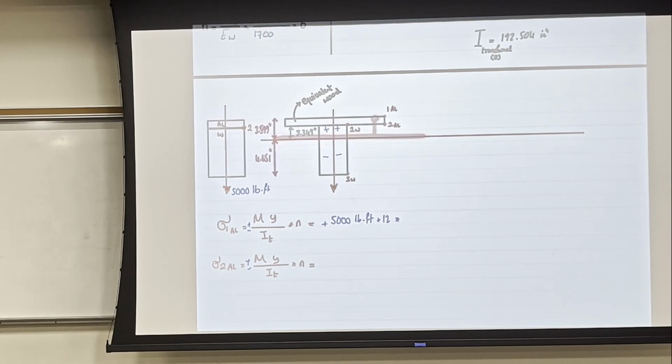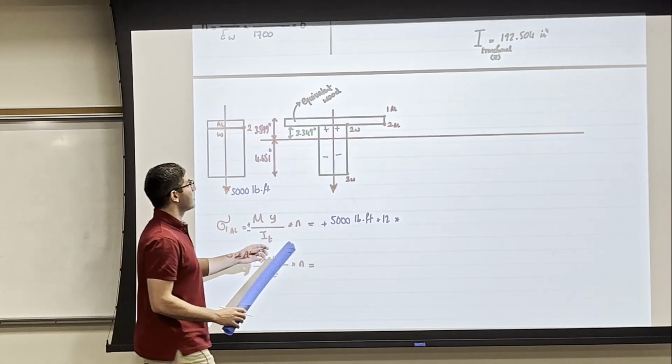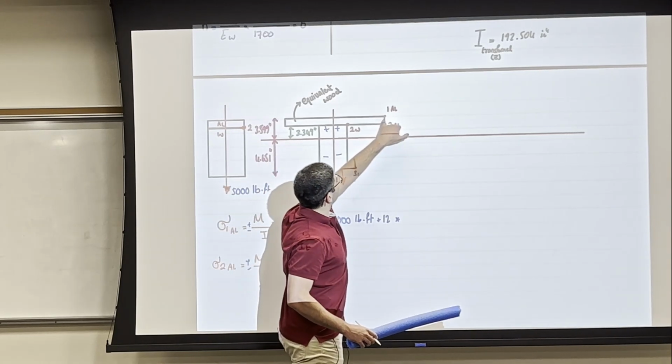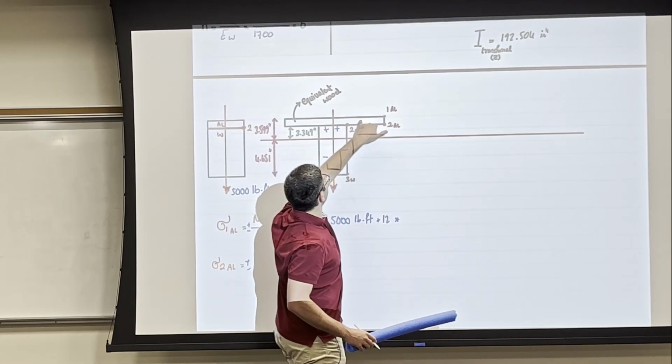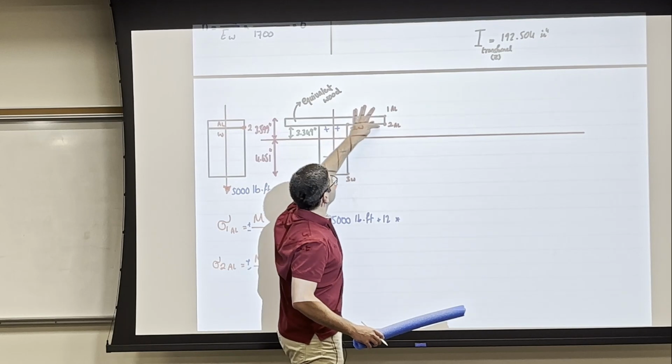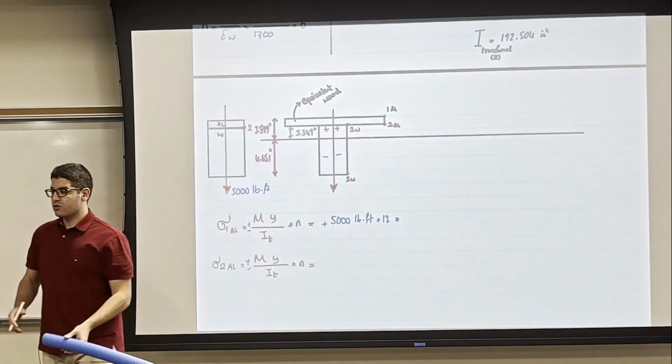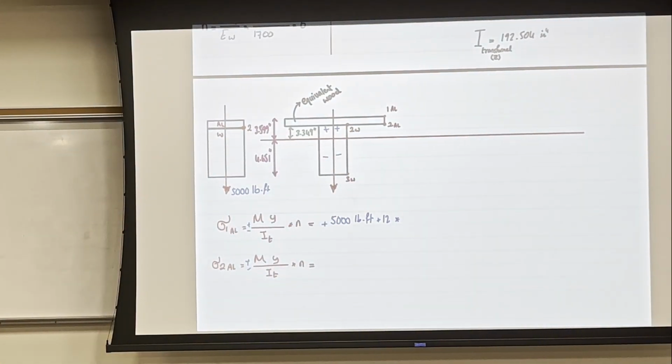to the point where we want to calculate the stress. A popular or common mistake is that students calculate the stresses at the center of, for example, this member. No, we calculate the stresses at the edge. So y here is going to be equal to 3.599 inches over I_T, which is what we calculated, which is 192.504.